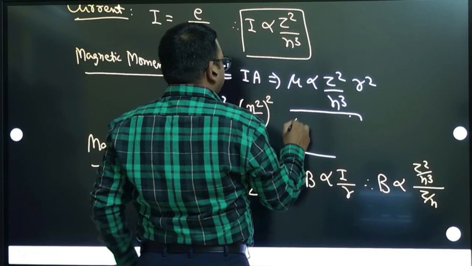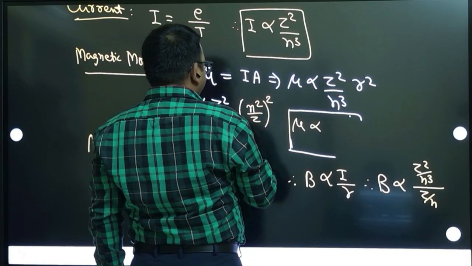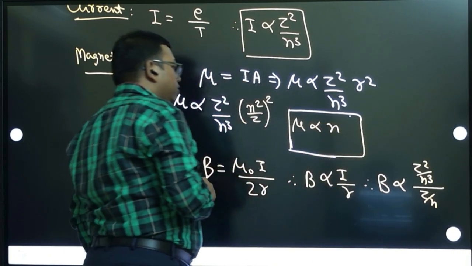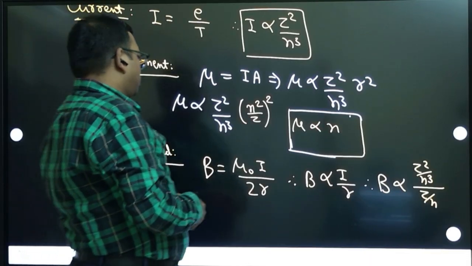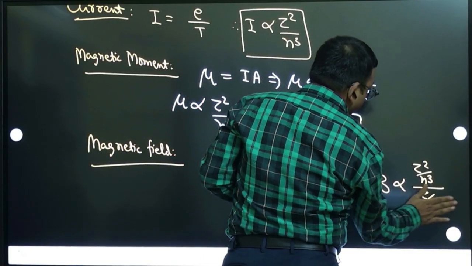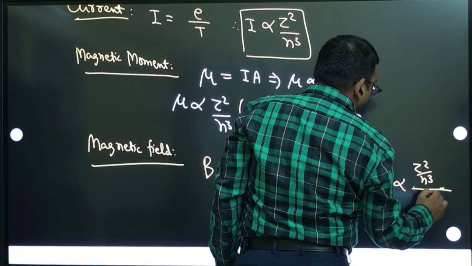So now the z square cancels, and it is proportional to just the quantum number. So remember, radius is proportional to n square by z. Okay, suddenly I got this. I forgot one. So n square by z.